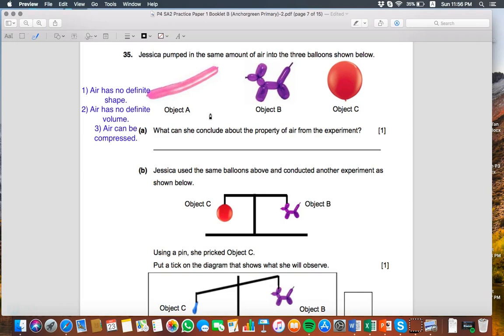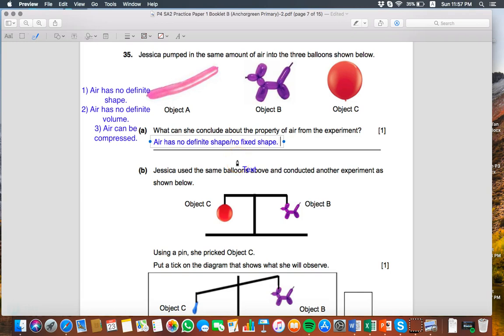It takes the shape of its container. I repeat, air has no definite shape. It takes the shape of its container. Or you can say air has no fixed shape.